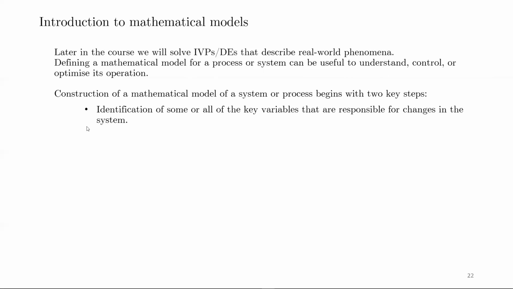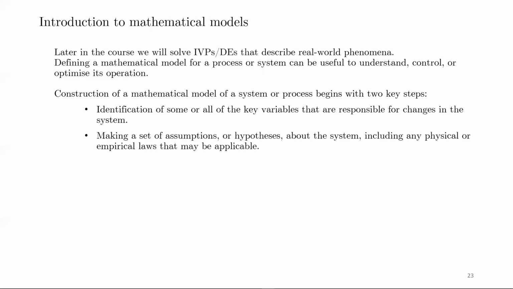So the construction of a mathematical model basically consists of two main steps. Firstly, identification of some or all of the key variables that are responsible for changes in the system. And secondly, making a set of assumptions or hypotheses about the system.